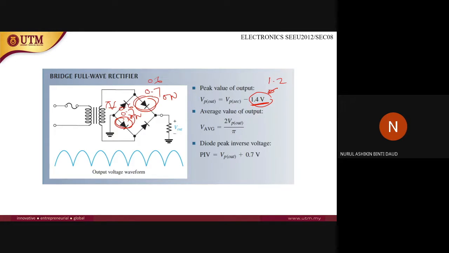The average value of output is the same as center tap, with the same average formula. The diode peak inverse voltage is V peak output plus 0.7 volts. And the waveform is the same as the center tap full wave rectifier waveform.